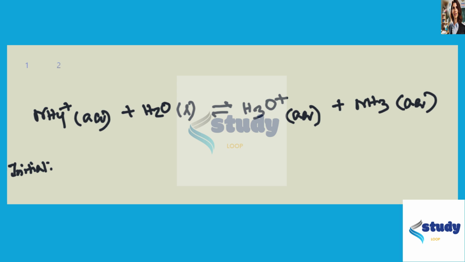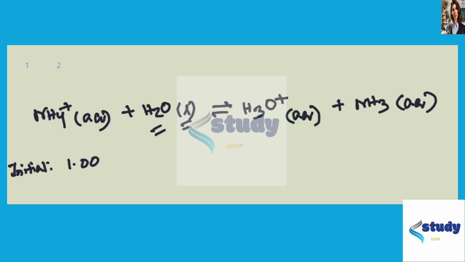So the initial concentration of NH4+ is 1, and we don't need to consider H2O since it's a liquid. It will not have any effect in the equilibrium constant expression.